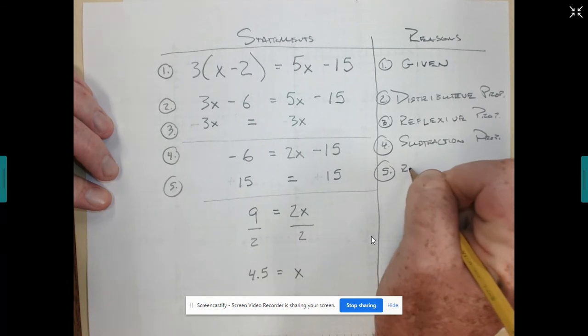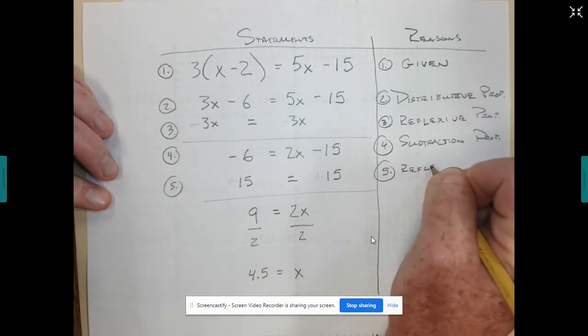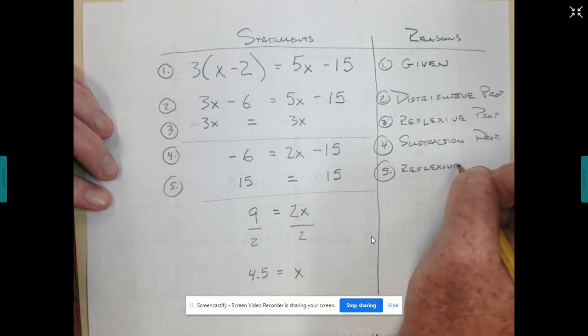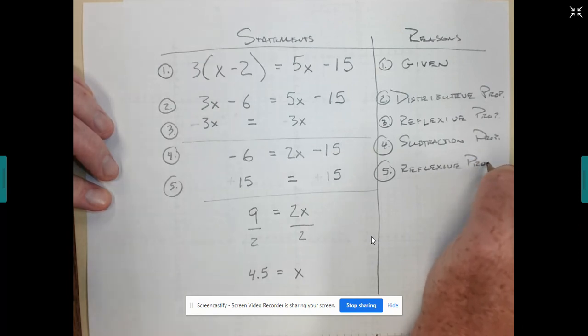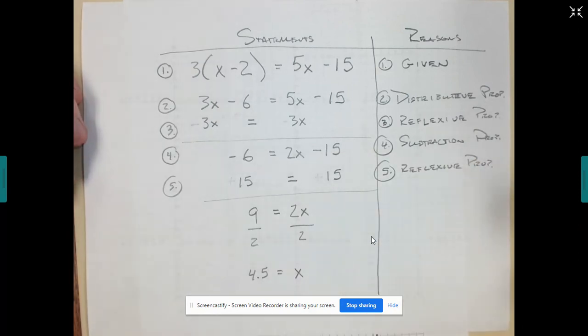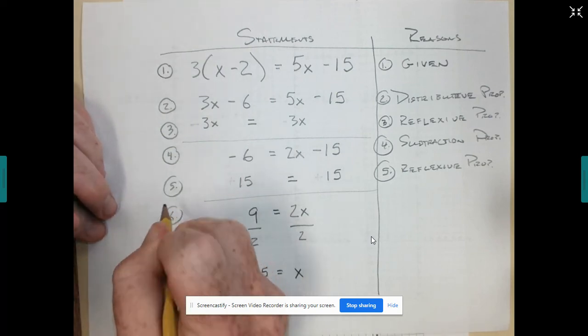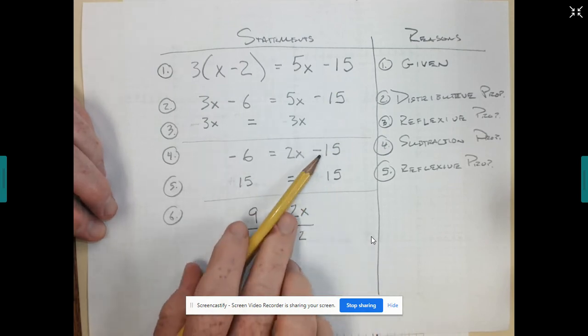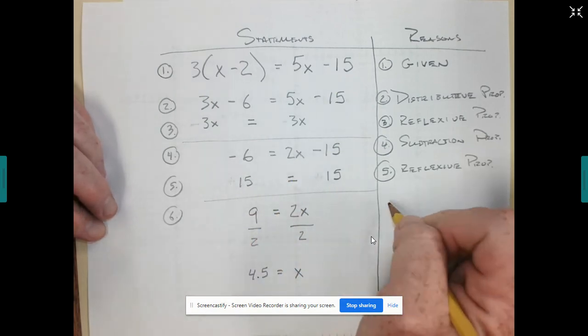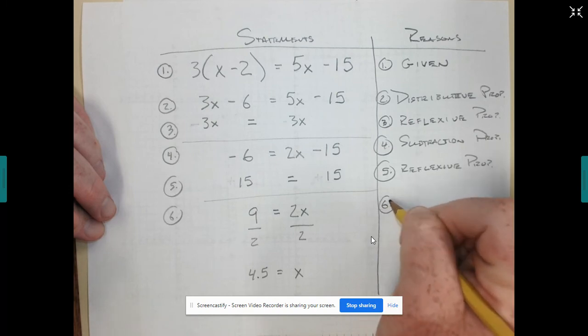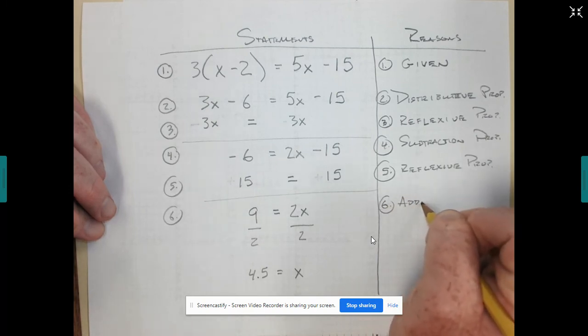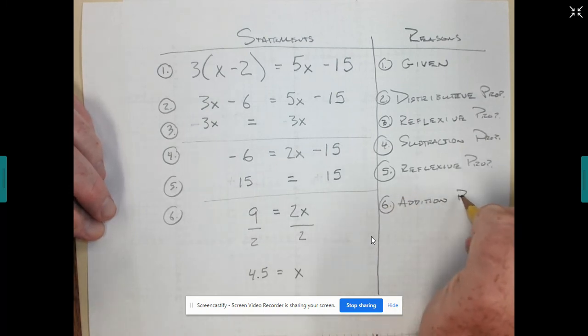And again, in some proofs you don't need this reflexive step, but I really recommend if you're just new to proofs, you make that reflexive move and it kind of shows everybody the direction you're going. So what did we do with 15 on both sides? We added it on both sides in order to get here. It's the addition property.